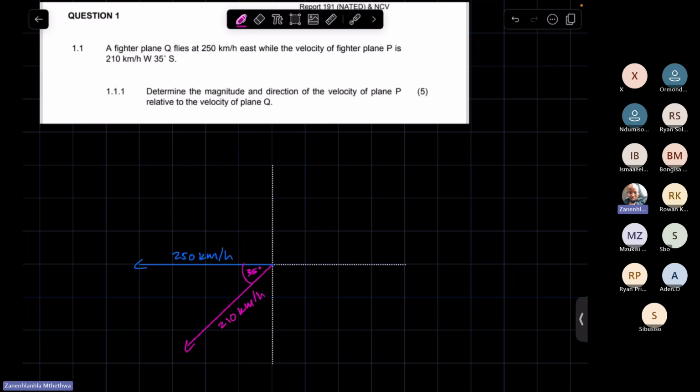You'll go over this question paper, and in doing so, you are going to use the method of components for questions under kinematics that require us to either use the method of components or the parallelogram method. Are we clear here? Yes, sir.